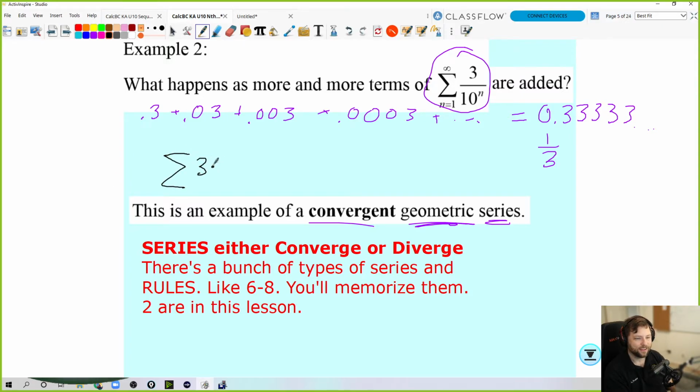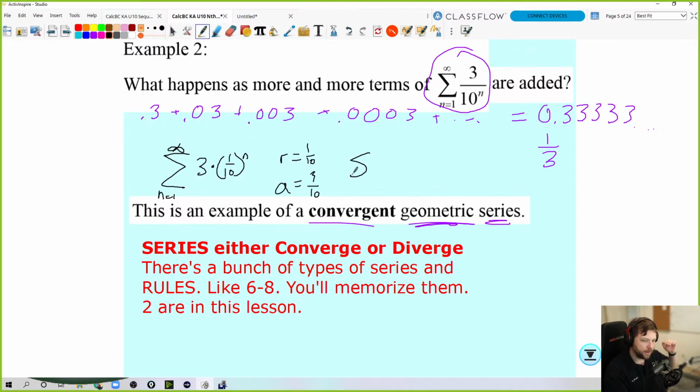It's 3 times 1 over 10 to the nth power, because only the 10 is being exponentiated. So in this case, my r is going to be 1/10. My a, which is my first term, since I start at n equals 1, is going to be 3/10. That's really annoying. I hope we don't start at 1 a bunch.